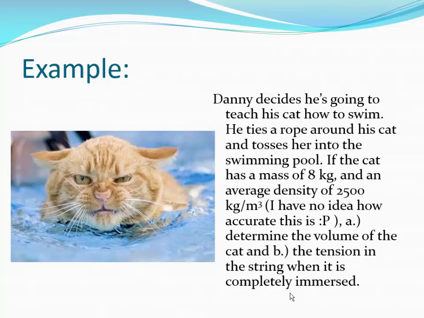Determine the volume of the cat, and then determine the tension in the string when it's completely immersed. I would like you guys to try to do this one on your own. We will check it together the next time I see you, or later this week.